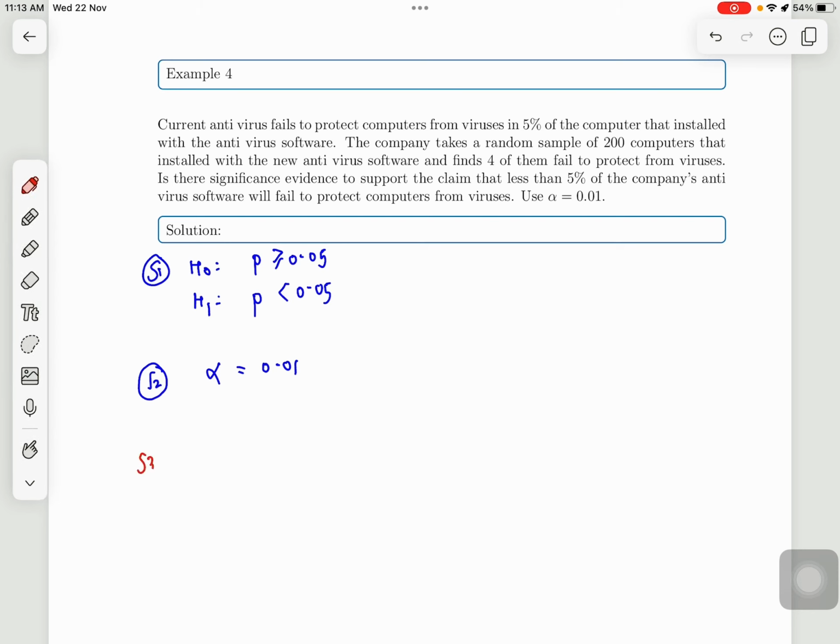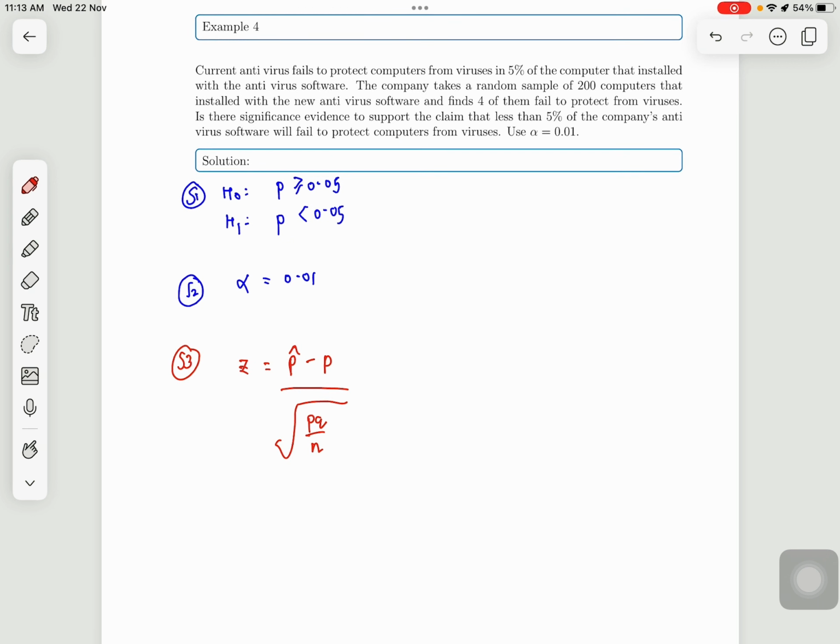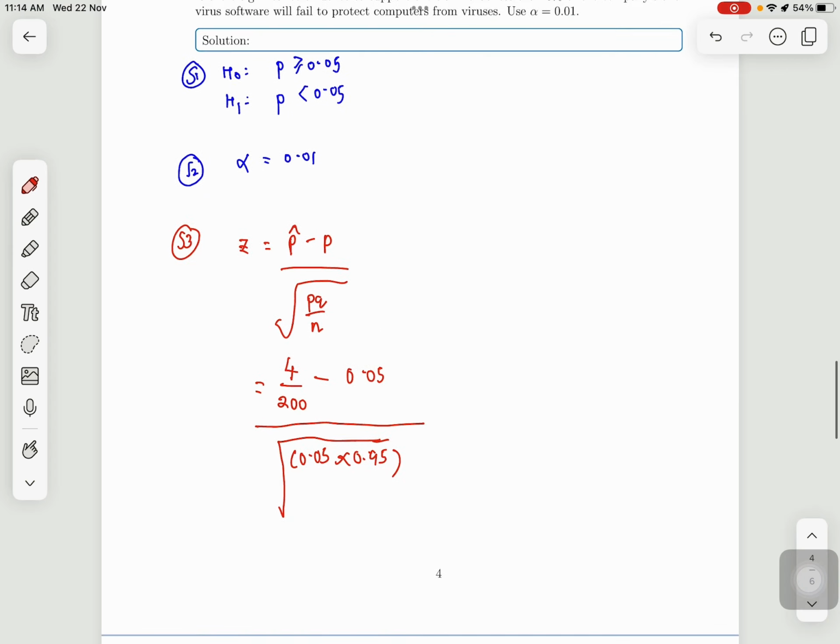And then our crucial step. Our Z is P hat minus P over the square root of PQ over N, and you know that our P hat is 4 out of 200 minus P, which is 0.05, over the square root of 0.05 times 0.95, and our N is 200.